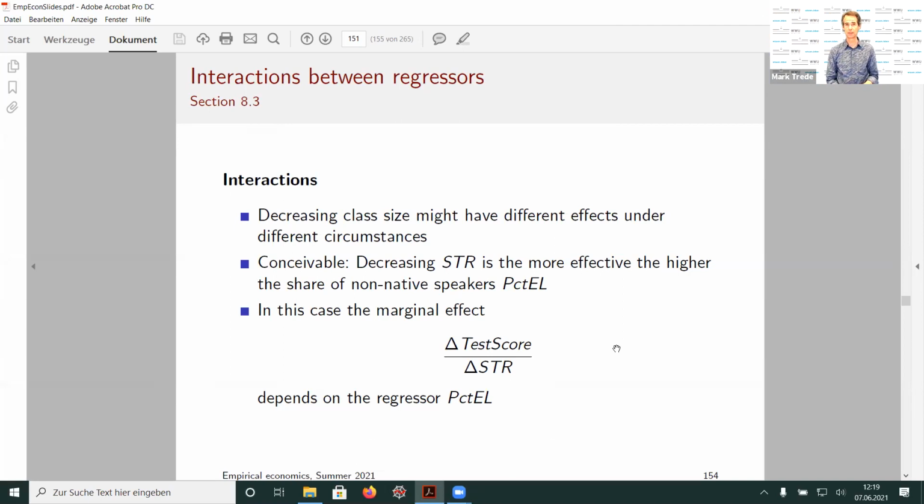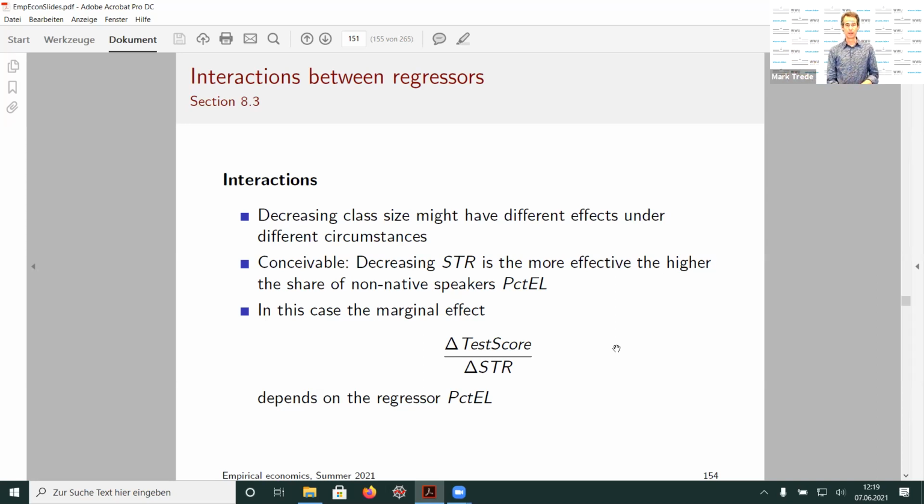And we have seen, looking at the raw data, that if the class size gets larger, then the test score goes down a bit. Not very much, and there's a lot of variation, but on average, the larger the classes, the smaller the test score.